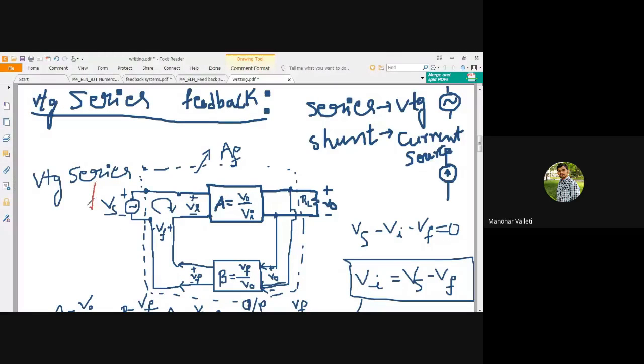Here Vs is the actual input you are applying to the amplifier, and Vi is the effective input appearing at the amplifier.